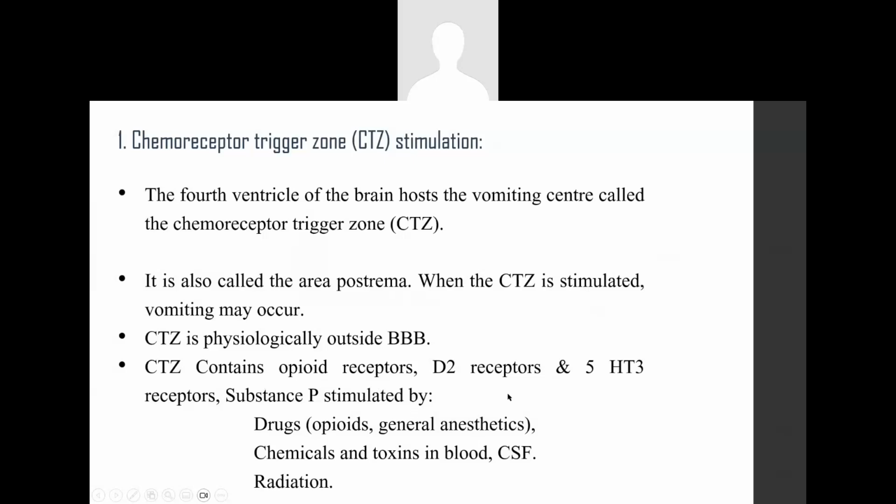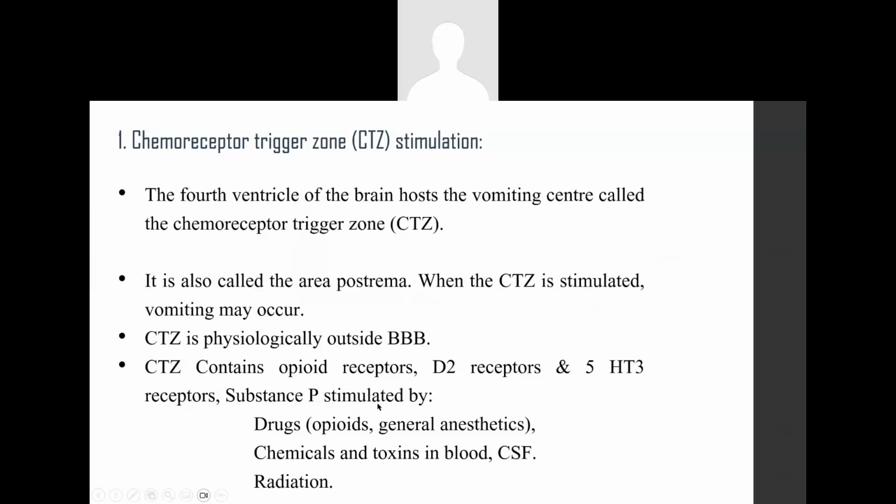So these receptors are the targets for the treatment of nausea and vomiting arising from the chemoreceptor trigger zone, which is simplified with the symbol CTZ. But I prefer to use the whole name, chemoreceptor trigger zone, not the simplified characters.